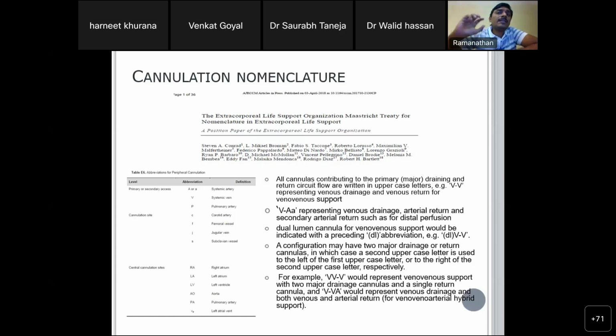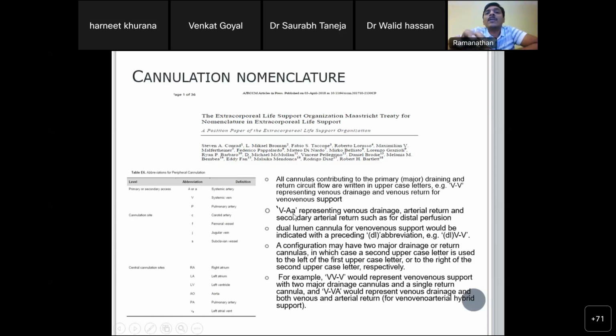So the primary draining cannula would be the first letter of your cannulation strategy. So if it is, say, VV ECMO, the first V stands for the draining cannula. The second V stands for the return cannula. Same thing with VA. So veno means drainage, and arterial means return.